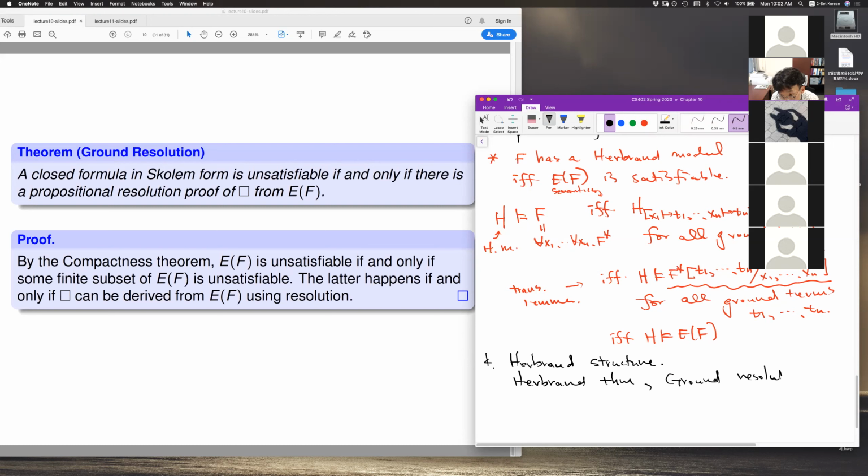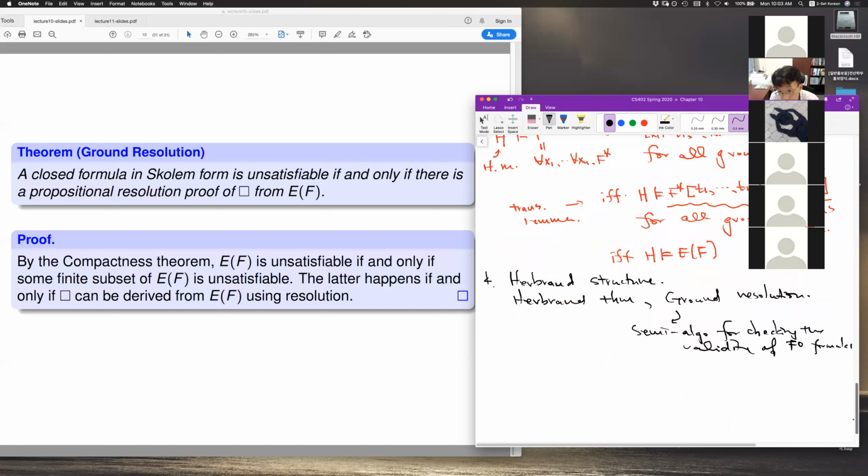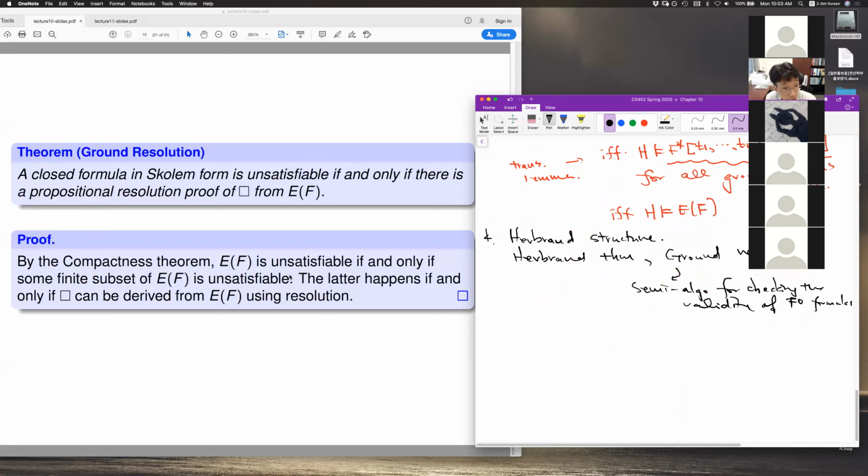The importance is that ground resolution leads to a semi-algorithm for checking validity of predicate logic formulas. Okay, that's the end of this set of slides. Do you have any questions about what we discussed so far?